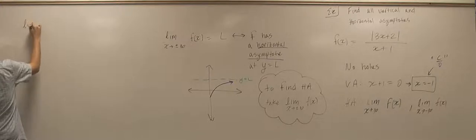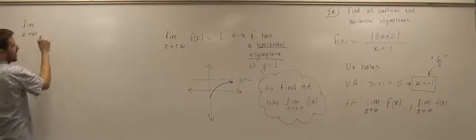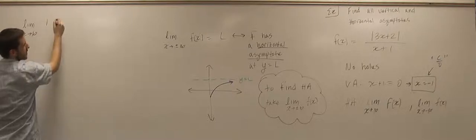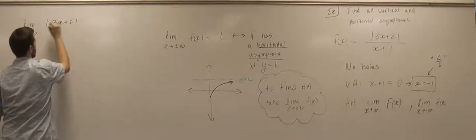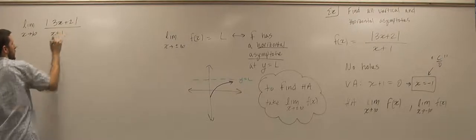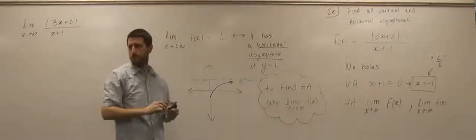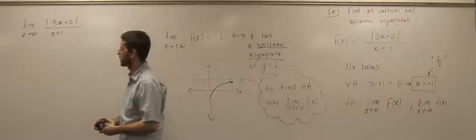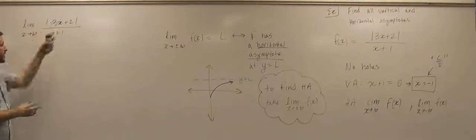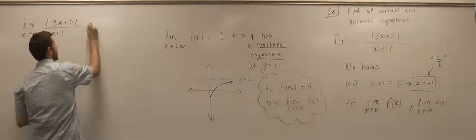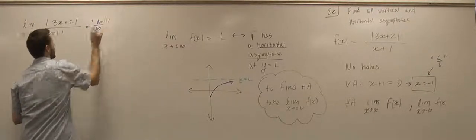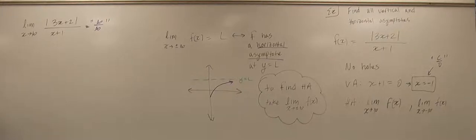So what's the limit as x goes to infinity of the absolute value of 3x plus 2 over x plus 1? Infinity over infinity. You have to be careful. You get infinity over infinity when you try to plug this in. So then you can divide by the highest power of x, but these absolute values make that kind of tricky.